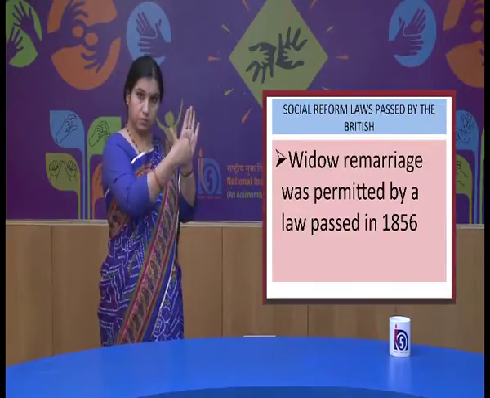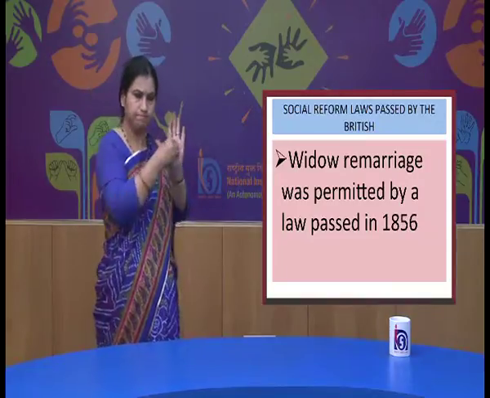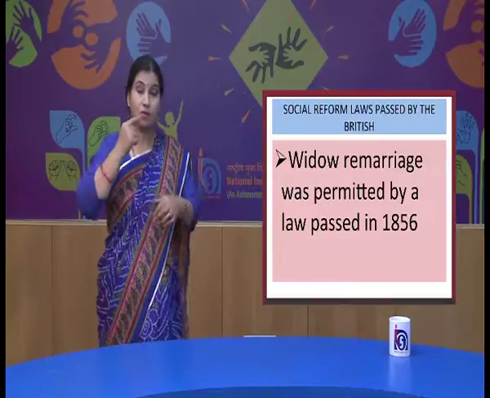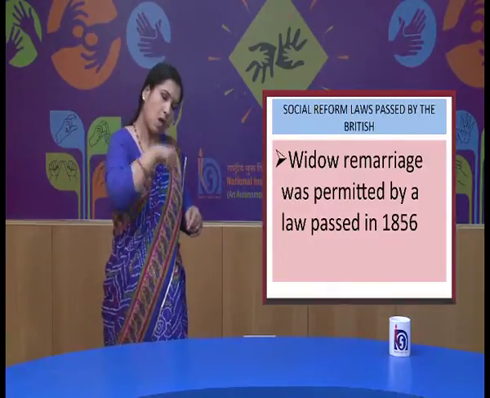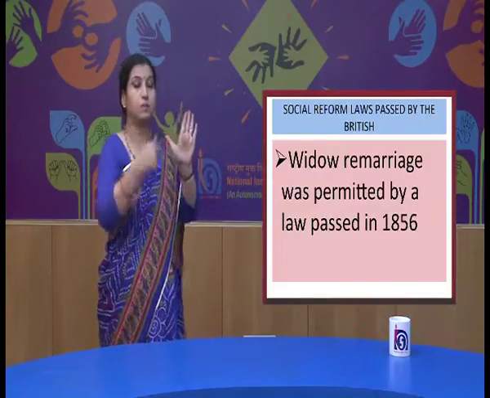The second new law, which was against the existing social evil practice, was widow remarriage. It was now permitted by the law. This law was passed in the year 1856.